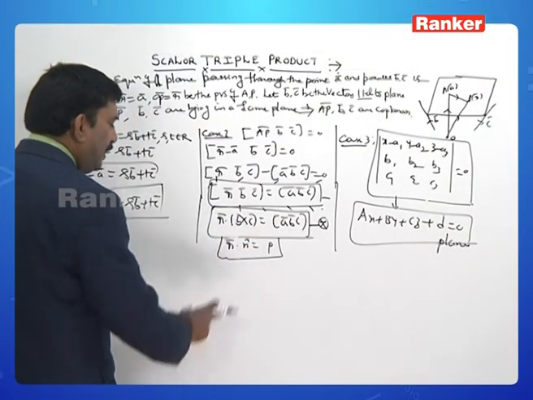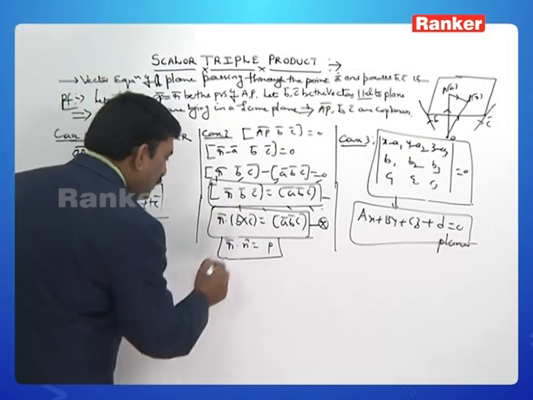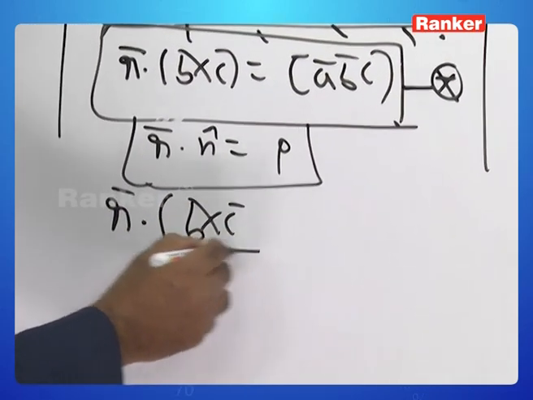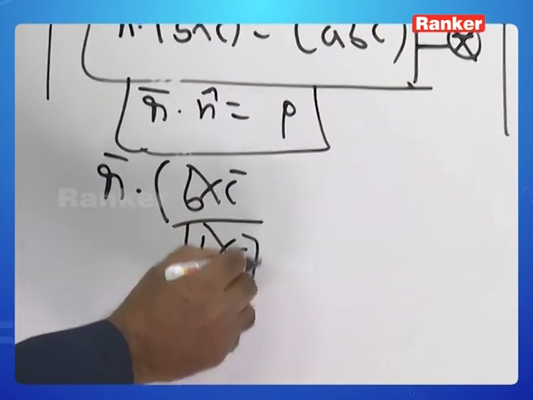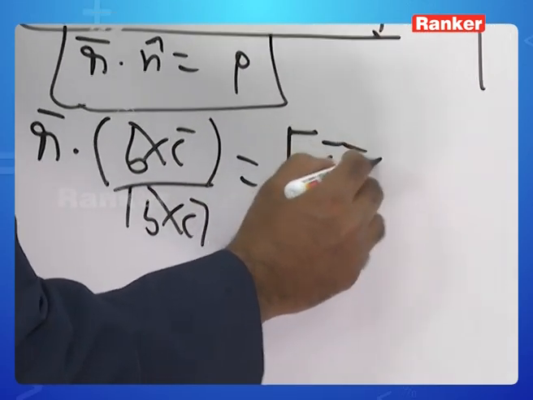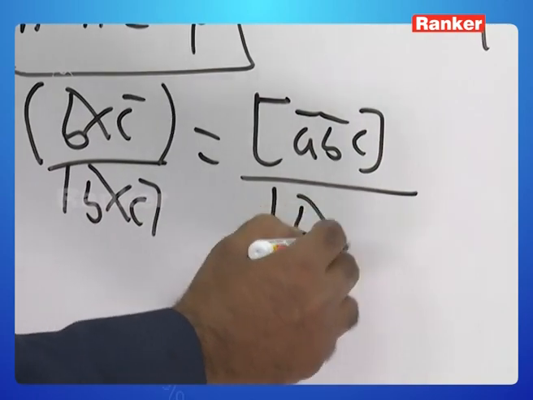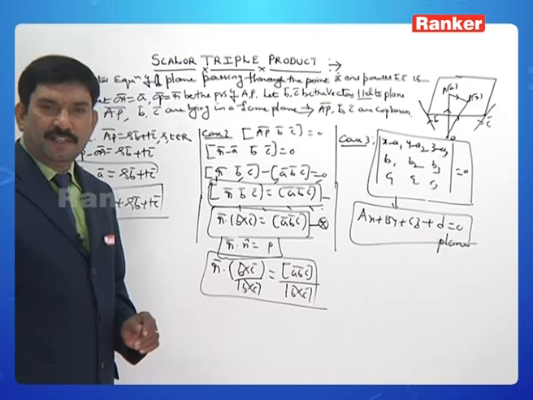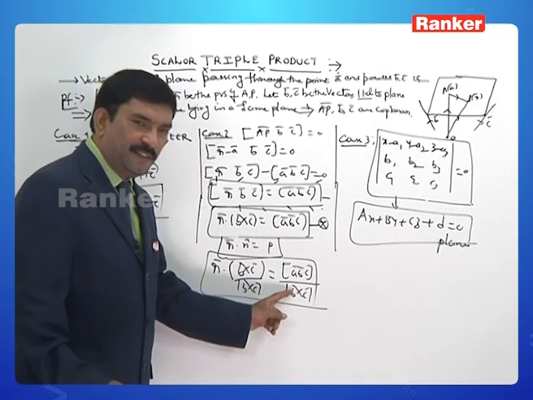Now first of all I want to convert this. Now r bar dot of n cap, that is b bar cross c bar by modulus of b bar cross c bar, is equal to box of a bar b bar c bar by modulus of b bar cross c bar. Yes, got it. Now look here, this is nothing but p.